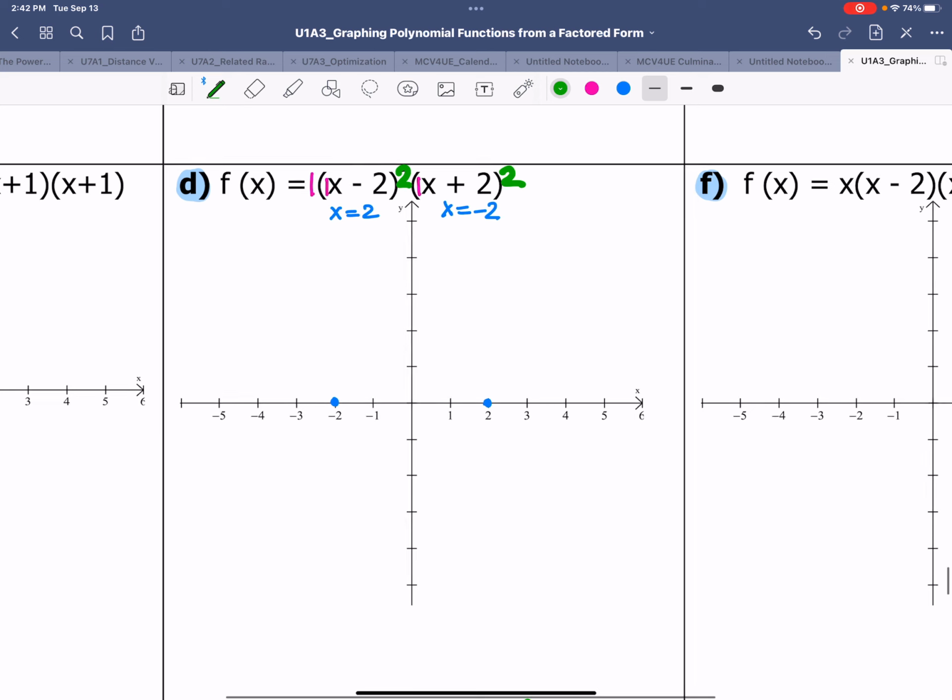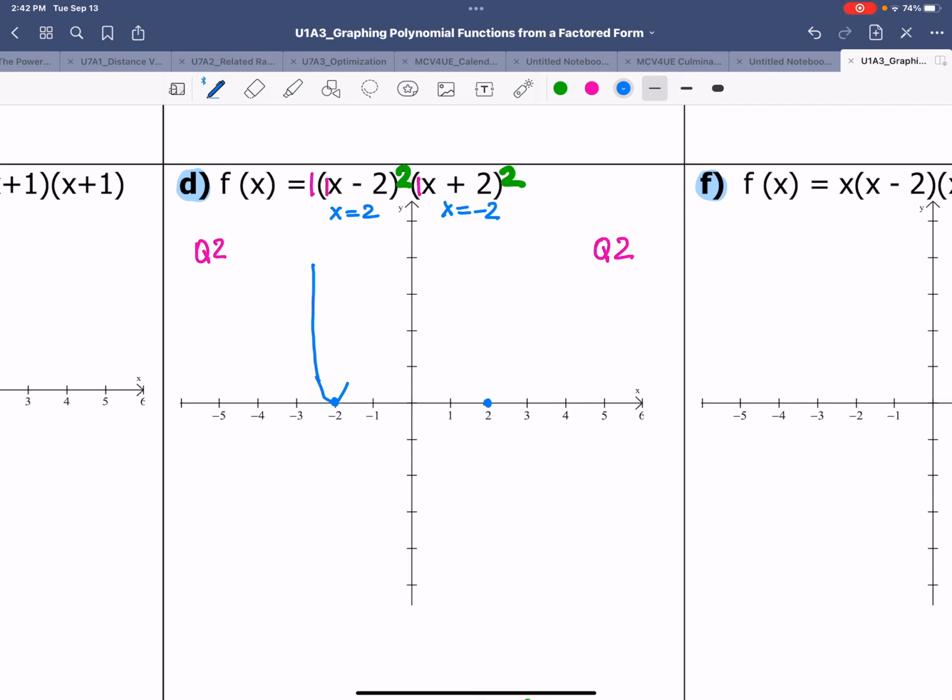So what that means is that we're starting, remember, in quadrant 2 to quadrant 1, because it's like a parabola that opens up, an even degree that has a positive leading coefficient. So we're going to start our journey somewhere here. We're going to aim towards x equals negative 2. Because we know it's an order 2 root, we're going to make a turn exactly at x equals negative 2.